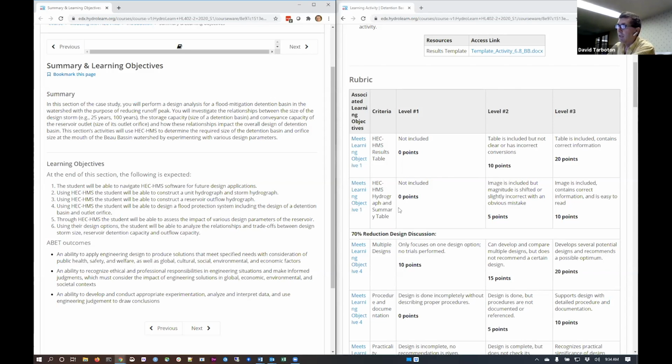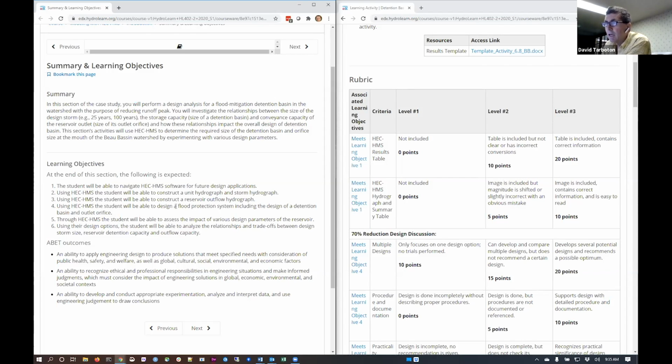The next one is they've got an HMS hydrograph and summary table. Again, you wouldn't be able to present that if you were unable to navigate the software. Multiple designs, so that would hopefully be aligning with using HMS.